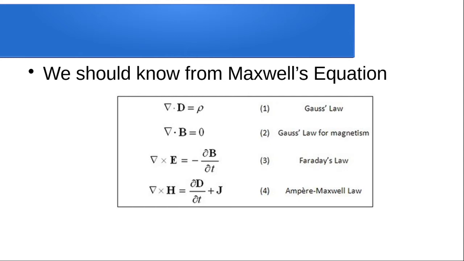Though we have four of them, in our discussion we will be using only the first equation, also known as the Gauss law, in order to find the Poisson's equation.